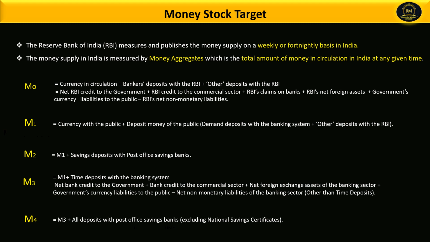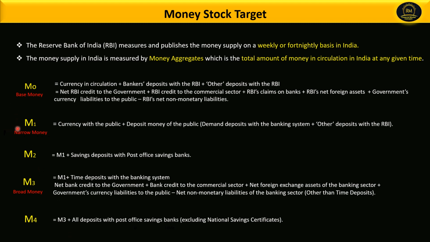M0 is called the base money or the central bank's money. It is the obligation of the central bank, which includes currency and central bank depository accounts, whereas M1 and M3 are the commercial bank's money, which is the obligation of the commercial banks that includes current account and saving account.